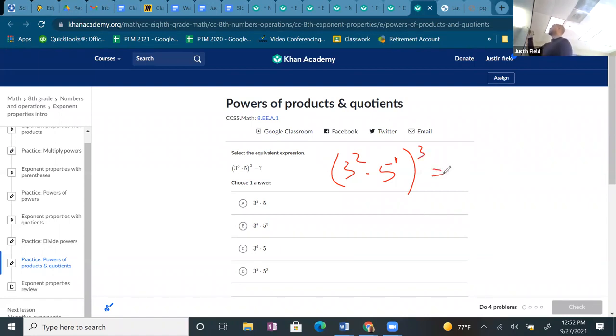I'm going to multiply these exponents. So it's going to be 3 to the 6th times 5 to the 3rd. I see that. Hey, I'm done. There's only one answer. Be careful to see if there are 2 answers. I'm sure you learned that during classifying numbers.